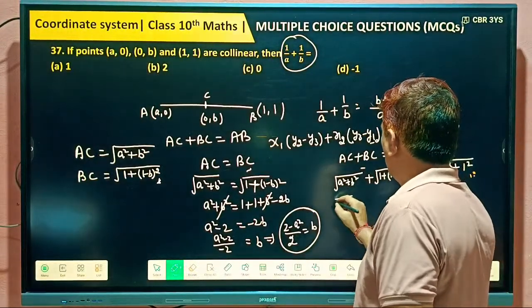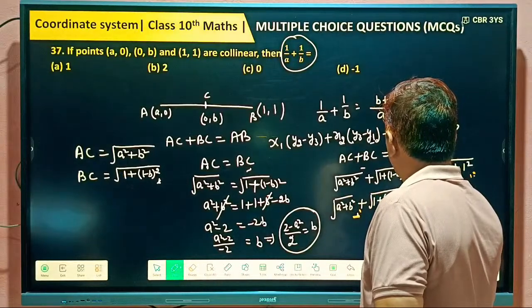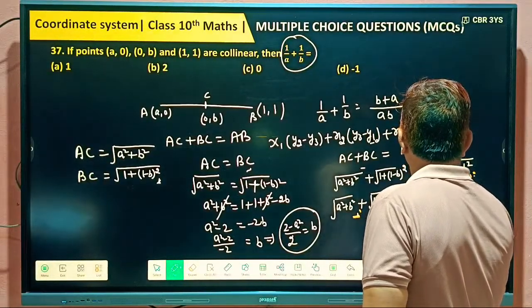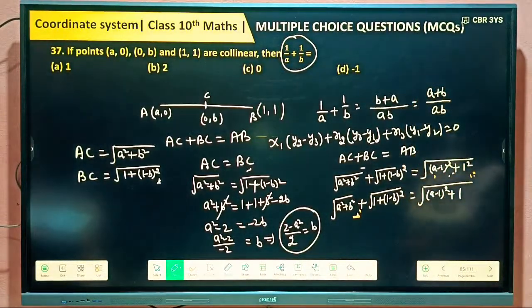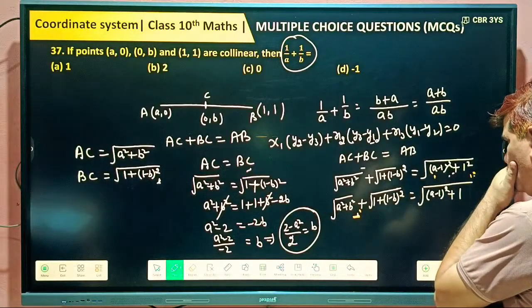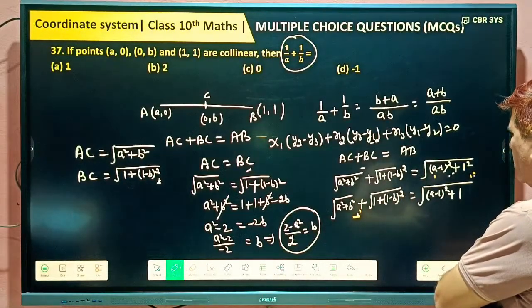So it becomes under the root A square plus B square plus 1 plus 1 minus B whole square equal to A minus 1 whole square plus 1. In this way it becomes critical. So how can you find out this? Which formula can you apply? Squaring both sides also creates a problem.